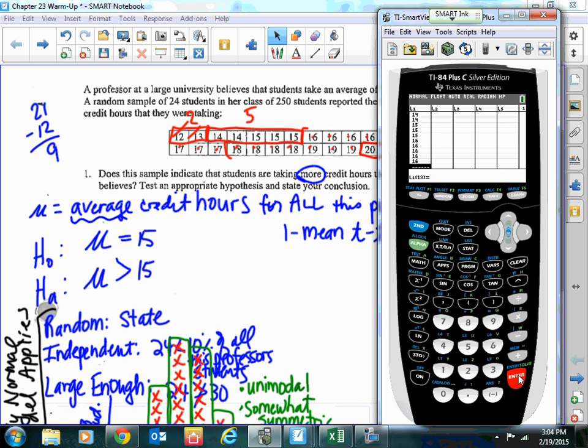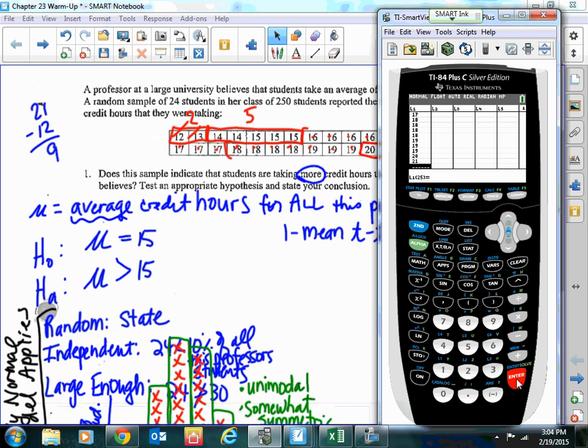Okay, 17s, there's 3 17s. 18s, there's 4 of them. 19s, there are 3 of them. There's a 20, and there is a 21.